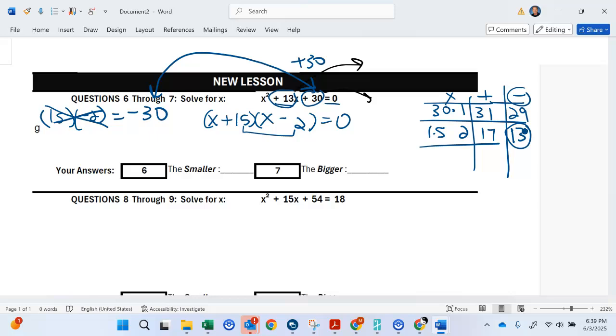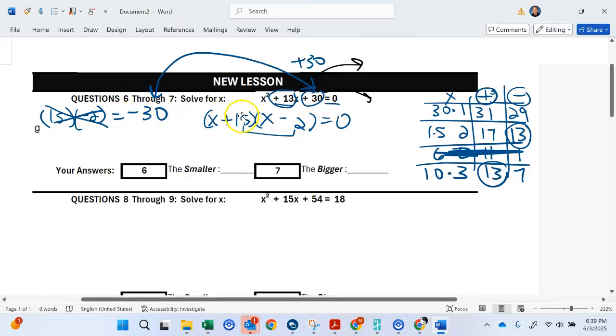Sorry. So now we're going to keep going. We're going to go 5 times 6, which is 11 and 1. And then, oh, actually, I missed something. Make sure you go, sorry. And then we go 3 times 10. So that's going to be 13, and it's going to be 7. Oh, but now we have 13, and it's plus, right? So now I'm going to come over here and try this again.